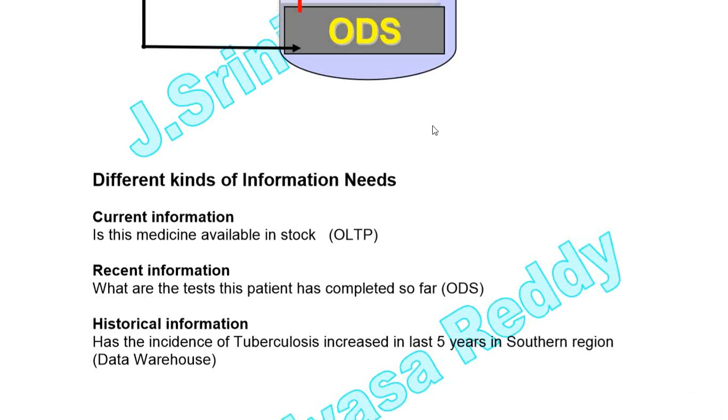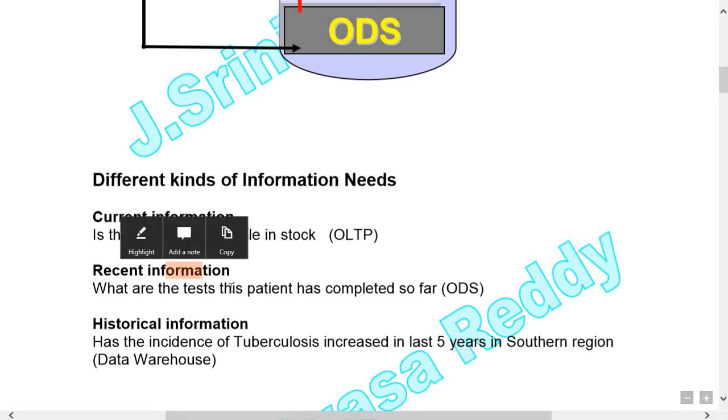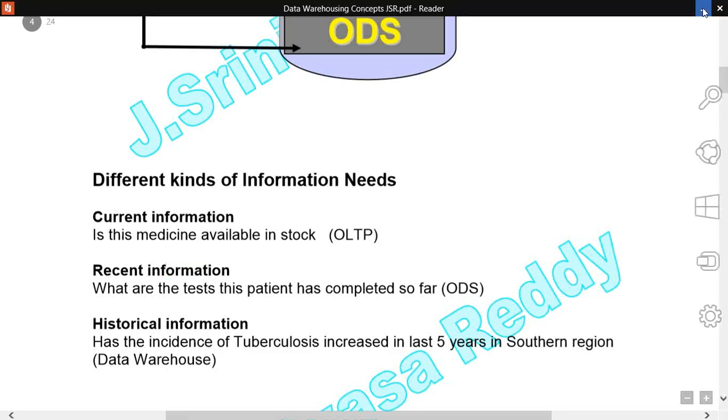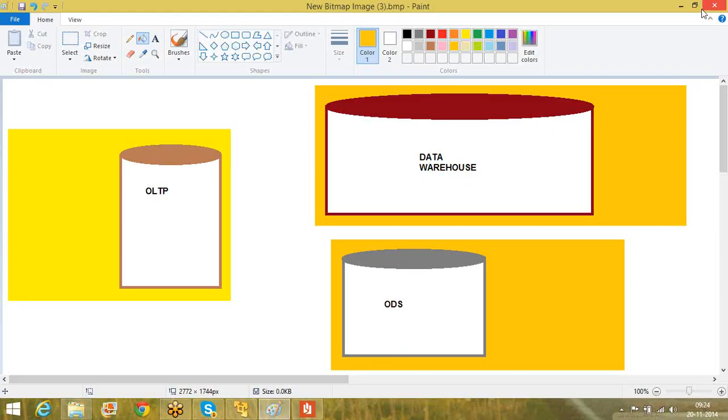So here always the historical data is useful for enterprise level analysis and top level analysis. Okay, recent data is useful for operational analysis. Current data is useful for performing the transactions.